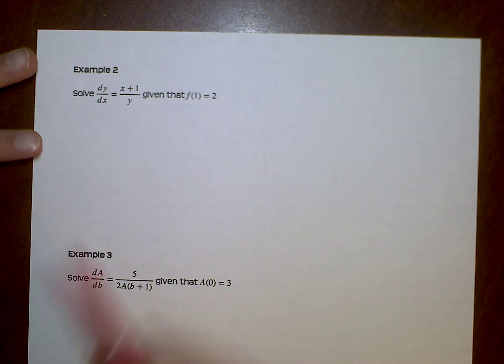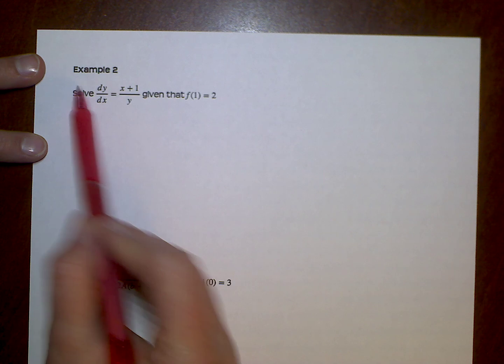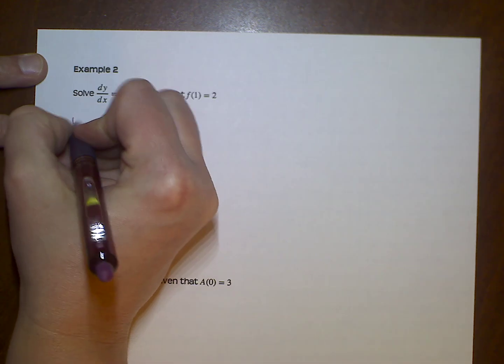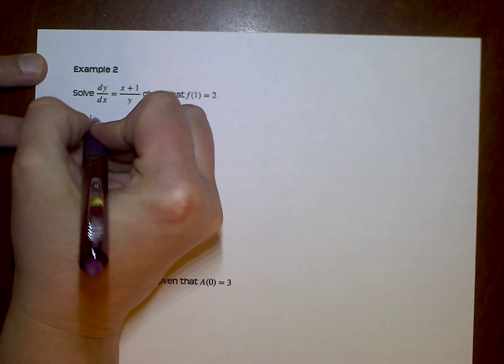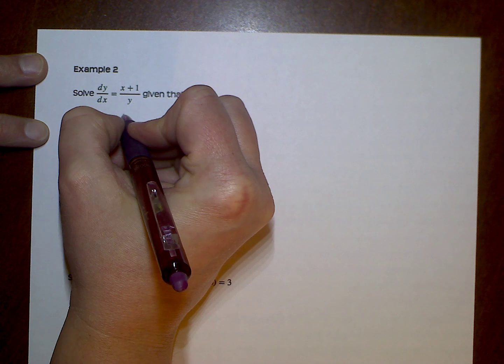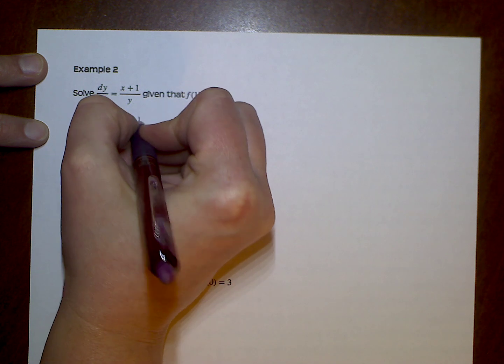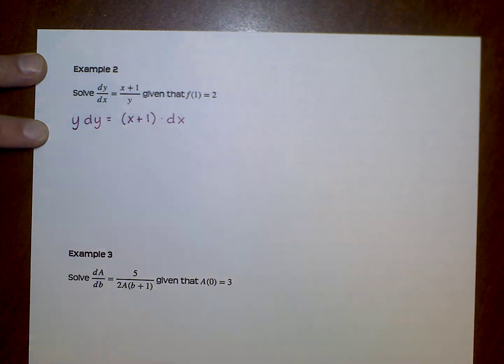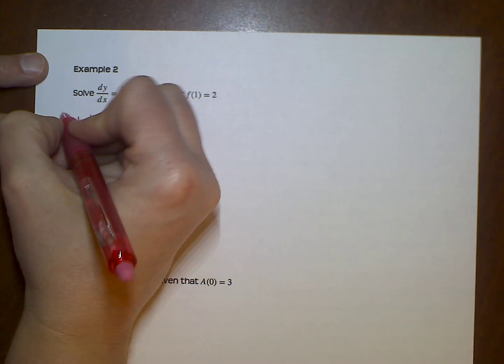Okay, and that's essentially what I'm doing, I'm multiplying by the y over here, I'm multiplying by the dx over here. So now I'm going to have y dy equals x plus 1. This should be in parentheses so that you're not just multiplying the dx by the 1 at the end. I'm going to throw an integral in front of both.